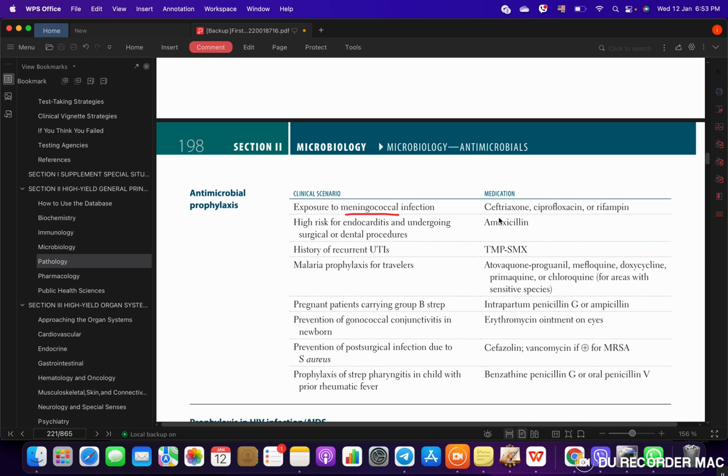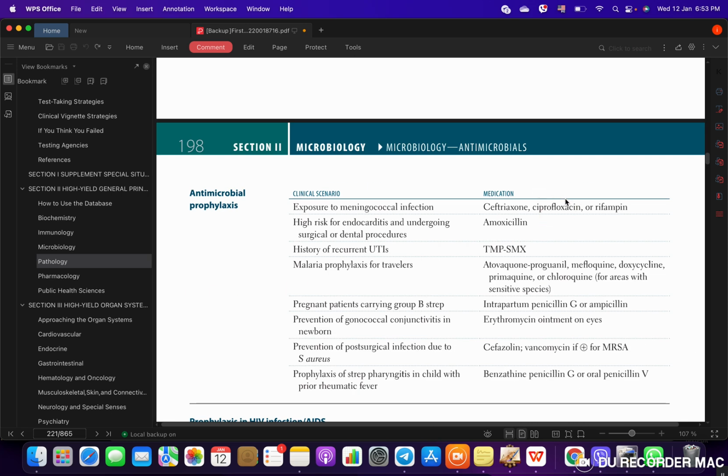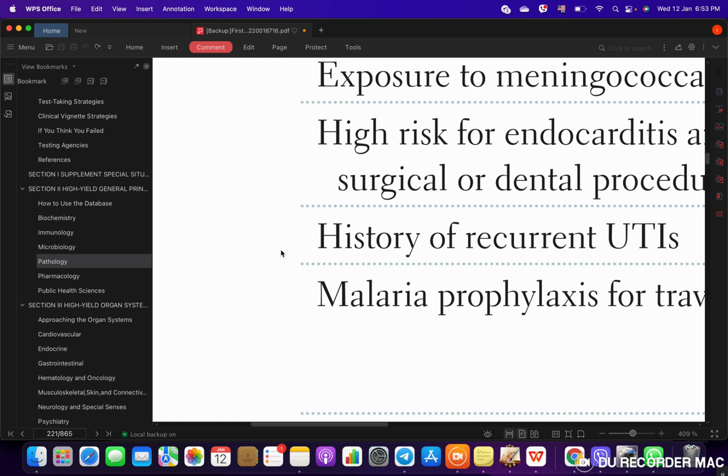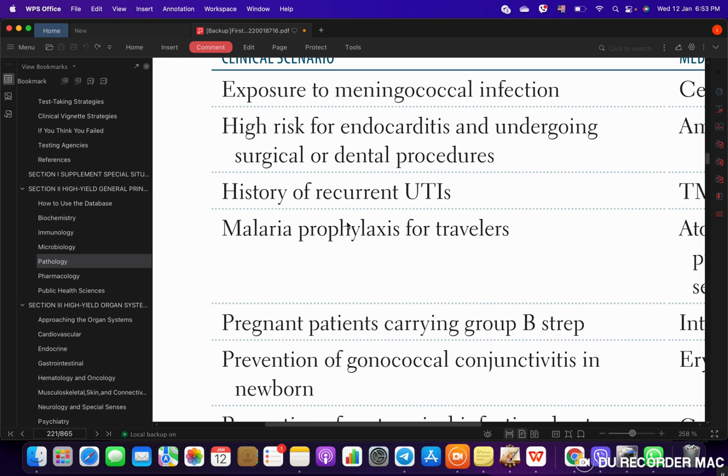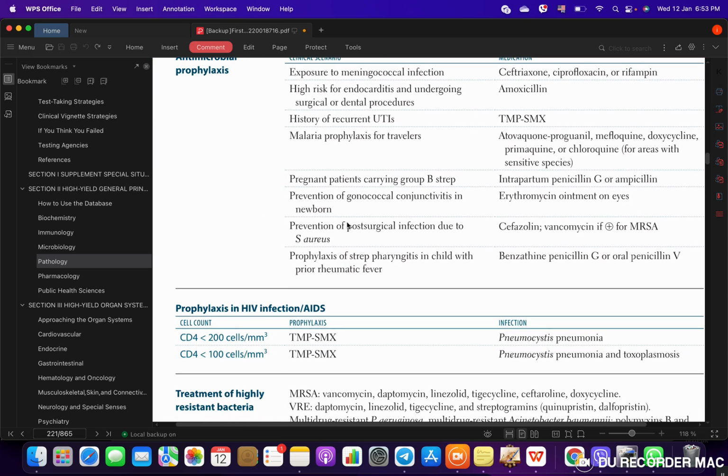So you will give rifampin or ceftriaxone or ciprofloxacin, any of these, absolutely. High risk for endocarditis and he wants to do surgery or some dental procedure. You can give amoxicillin or cephalosporin, absolutely.